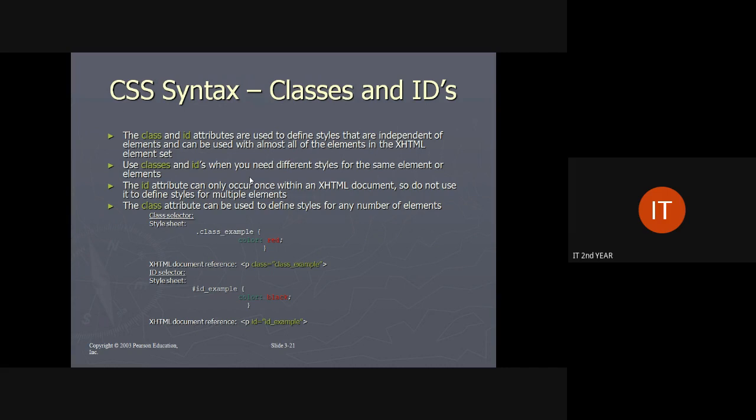CSS syntax can use various elements, that is classes and IDs. For classes we use a dot followed by the class name, and for ID we use the hash symbol.